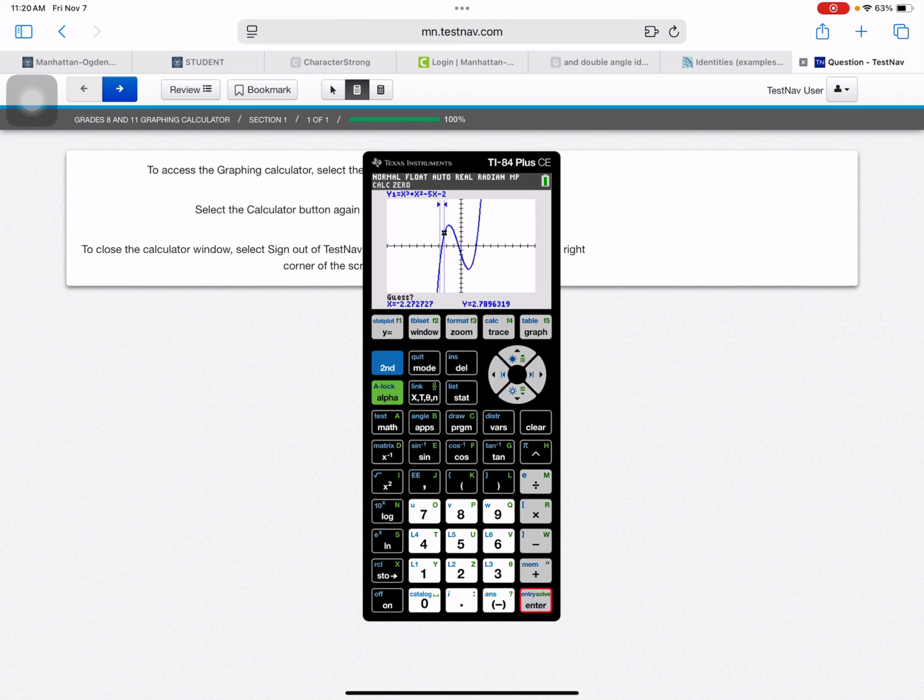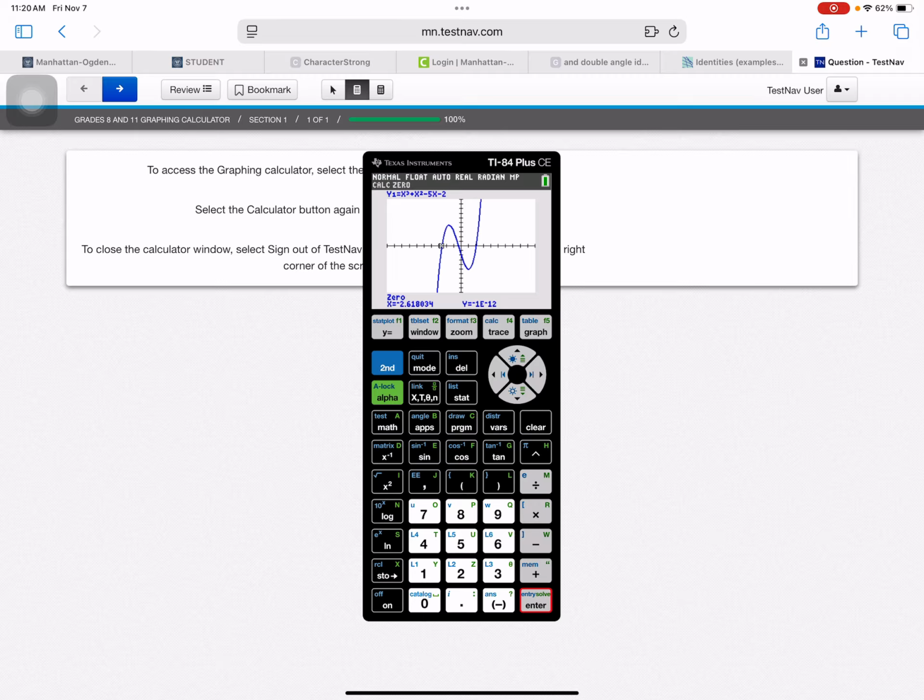You see my zeros in between. I'll push enter for guess. And our 0 is when x is negative 2.62. Notice the y value has e to a negative bigger number. That is 0. That is when y is 0. I don't know why the calculator does that sometimes, and you might see it in other situations, but that means 0.